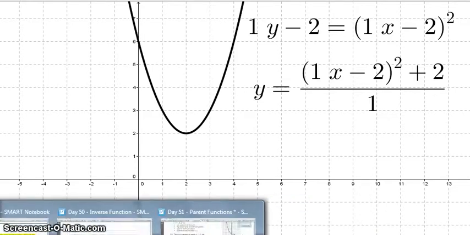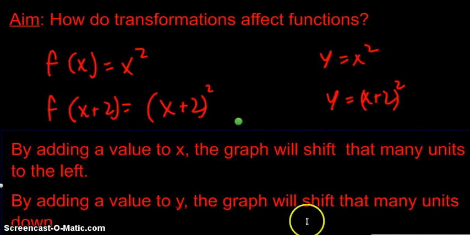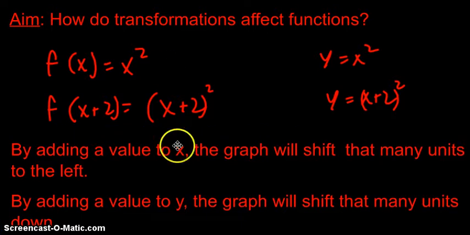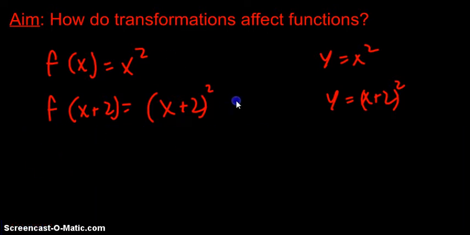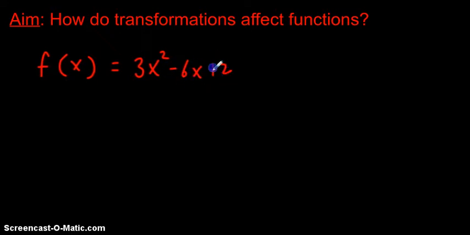Let's go back to the slide for a moment and take a look at an example. Okay, so everyone should have that in their notes. Let's erase this. Alright, so let's say we had a function f of x is equal to 3x squared minus 6x plus 2.